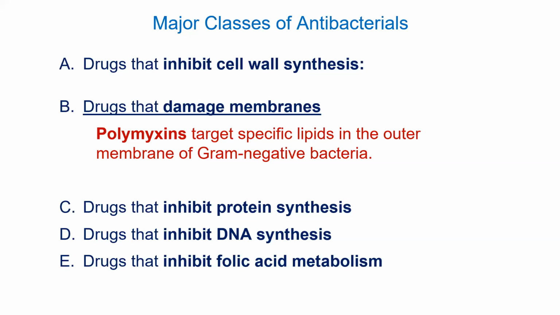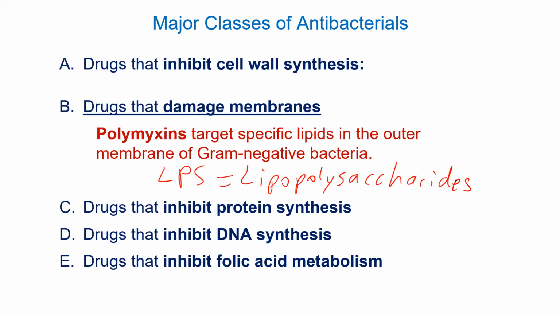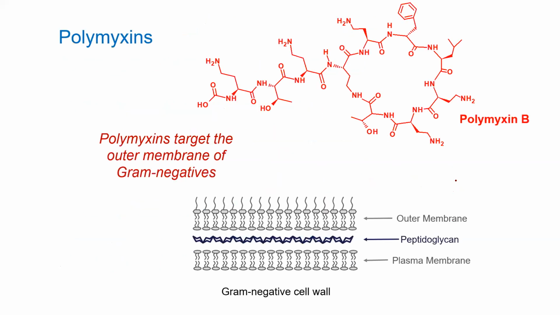If you remember, gram-negative bacteria have that extra layer of membrane, which involves these LPSs. LPS stands for lipopolysaccharides, and that is something that is unique to the bacteria. So this makes it a good target for antibacterial drugs.